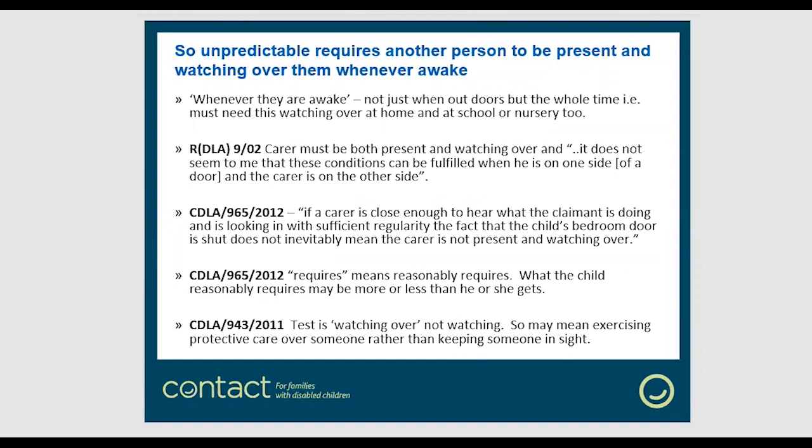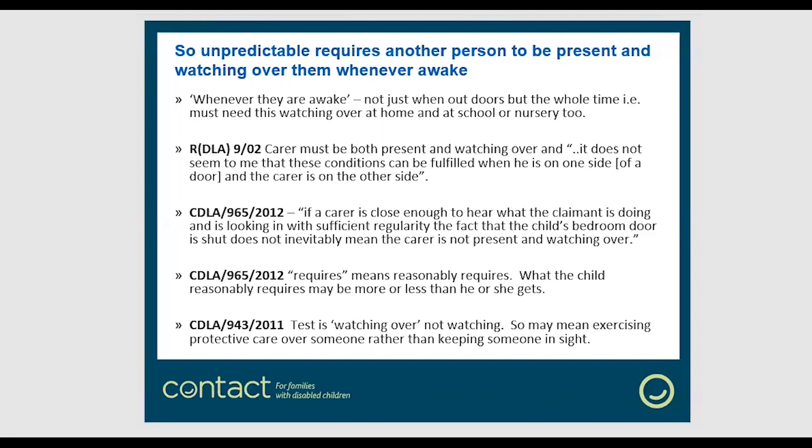Okay, so in that judge's view, it literally means that you're in the same room as the child, watching over them. But there have been a number of other decisions that have taken a more nuanced view and said they don't agree with that judgment.